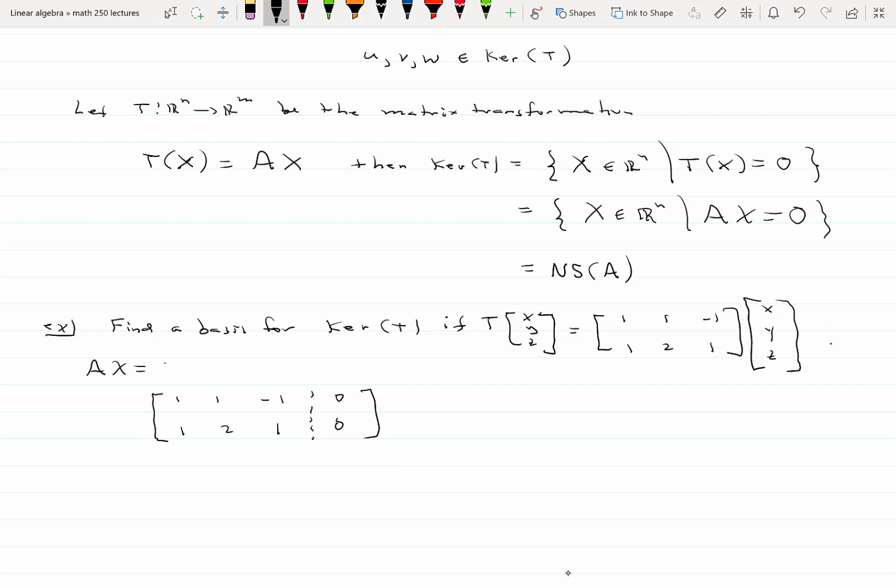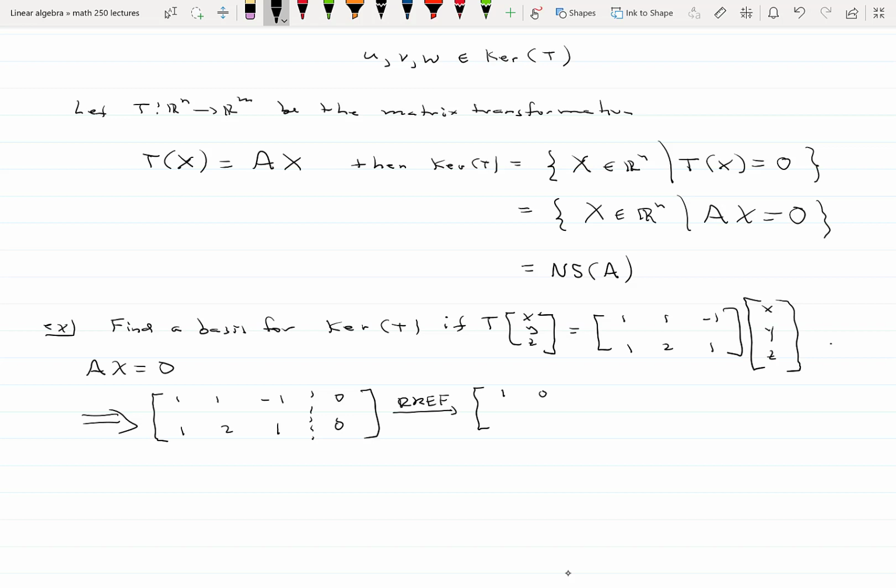So Ax equals 0 implies that the augmented matrix is given here. I wrote it out. Use your calculator to find the RREF.